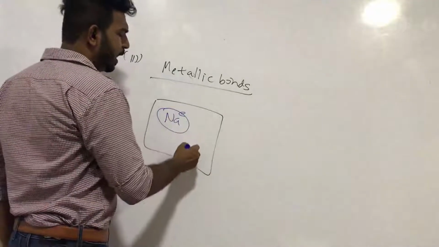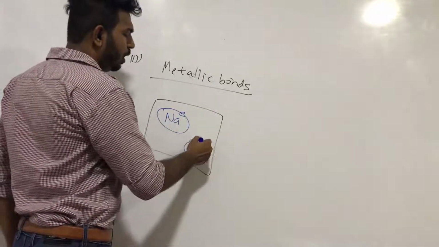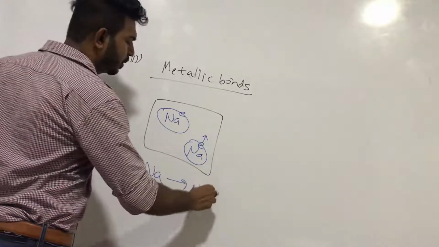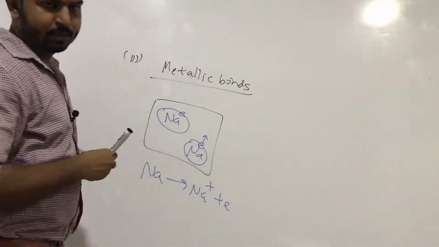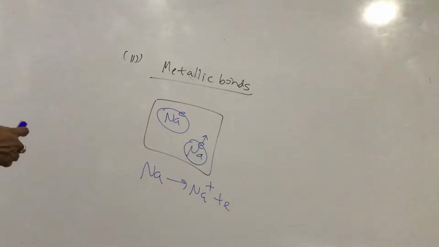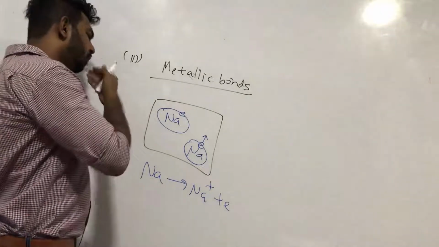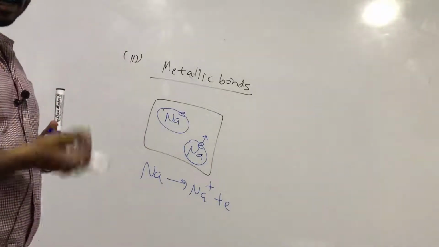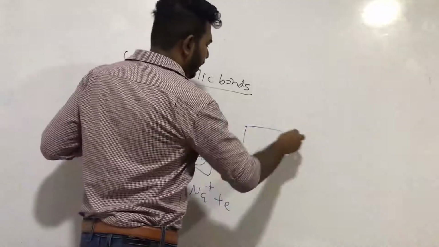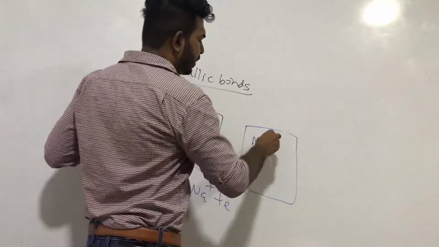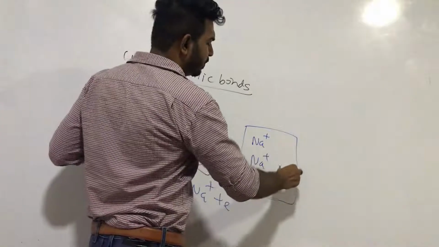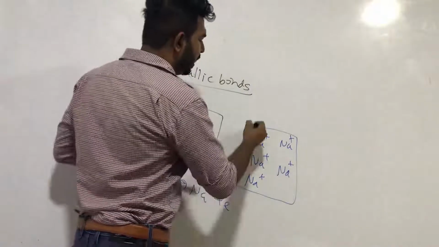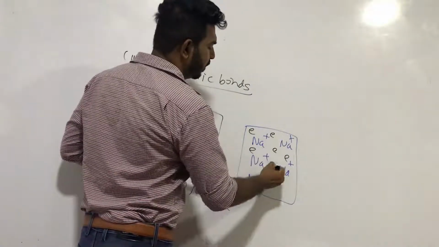So they tend to remove this electron and form cations. Since these atoms tend to remove electrons and form cations, inside a metal there are cations and a pool of electrons.